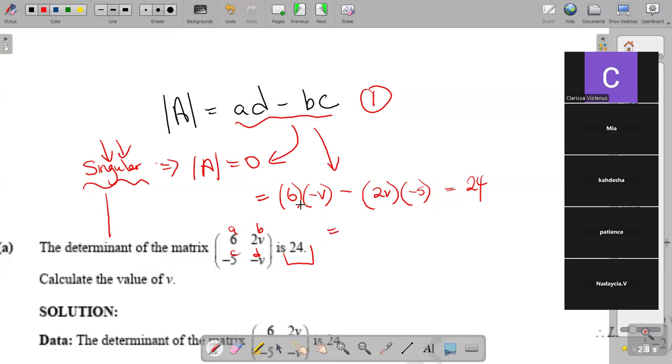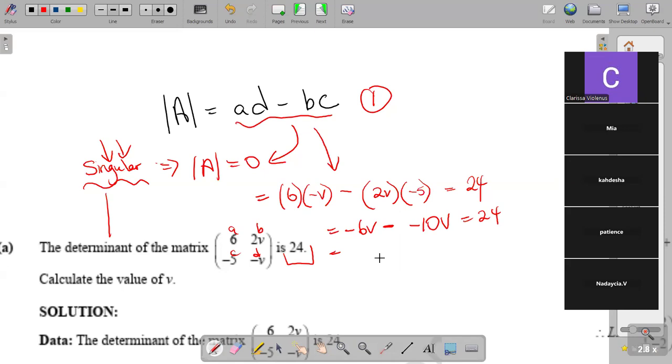Algebra again. So what would this become? Negative 6V. Do we agree? 6 times negative V, minus, what are we going to end up with here? A negative 10V equals 24. Everybody agree with this? And then next, what's the next move?